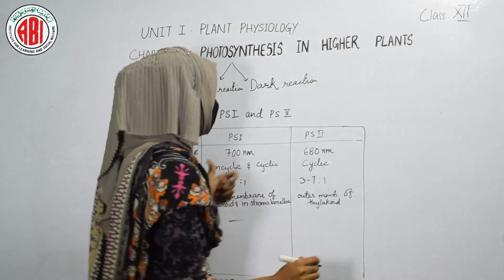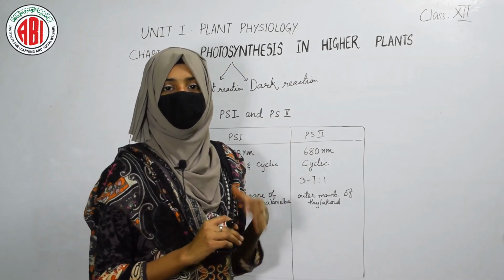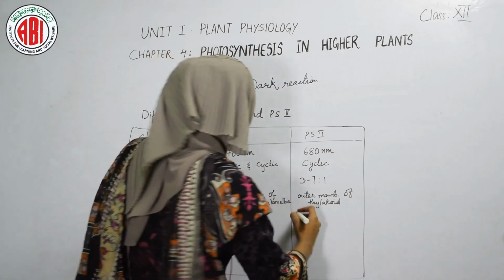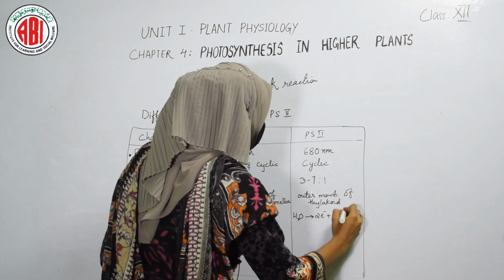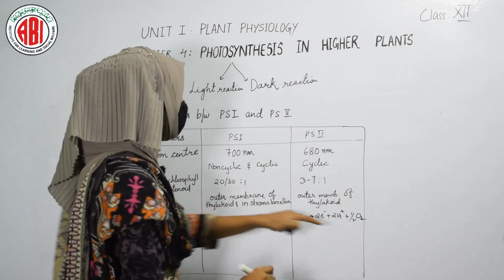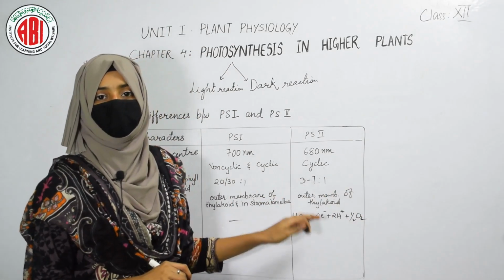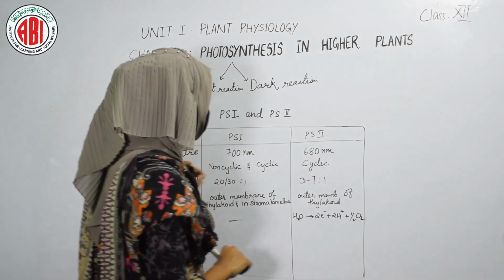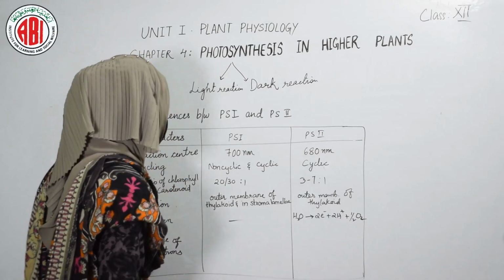Photosystem 2 is associated with the photolysis of water, and after the splitting of the water molecule, it results in the formation of 2 electrons, 2 protons and 1 nascent oxygen. So here the byproduct is oxygen, which is released from the plants.